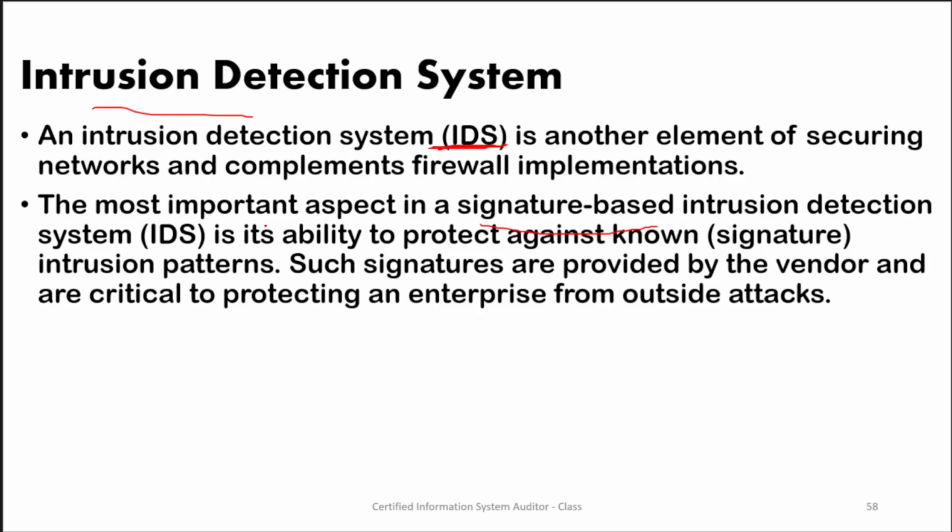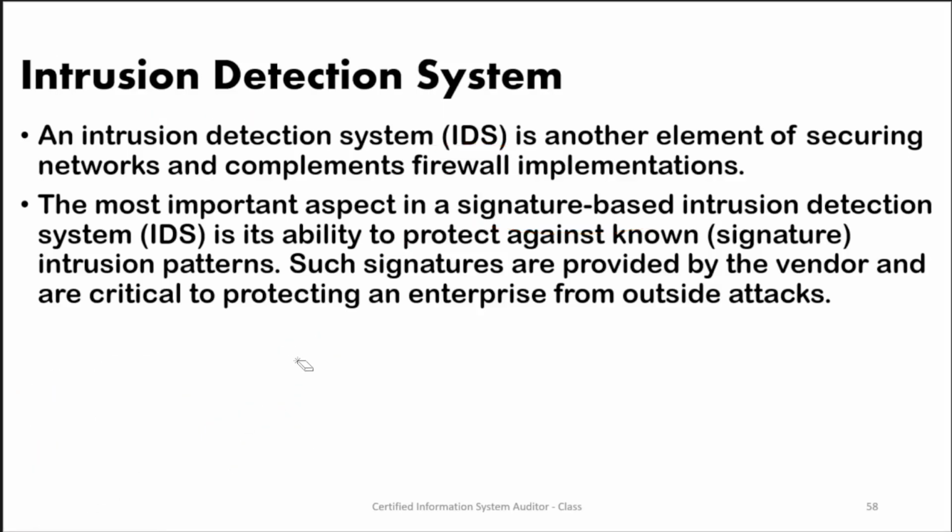For example, an intrusion detection system can discover a DOS attack by saying that I have 100,000 SYN requests received from a specific source. This could indicate a DOS attack based on SYN. This is an example of a signature. And then the IDS can generate an alarm that an intrusion is happening.